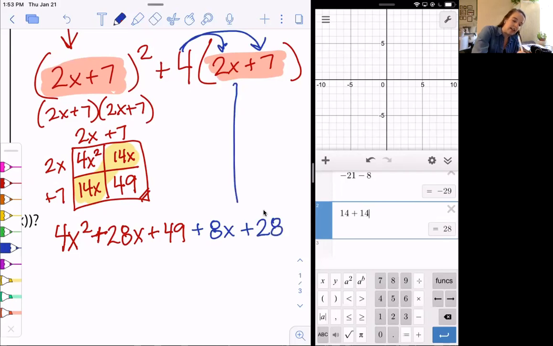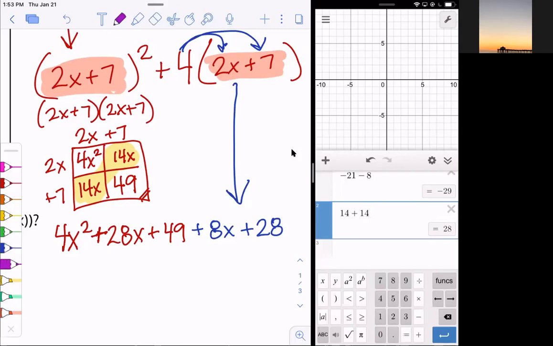Okay, so I need to do all of this for the box part for this section here. And then I have to use distribution for this section here. Okay, and you said, and then? And then you just, I don't know how to explain it, but I personally do 28 and then 8x.